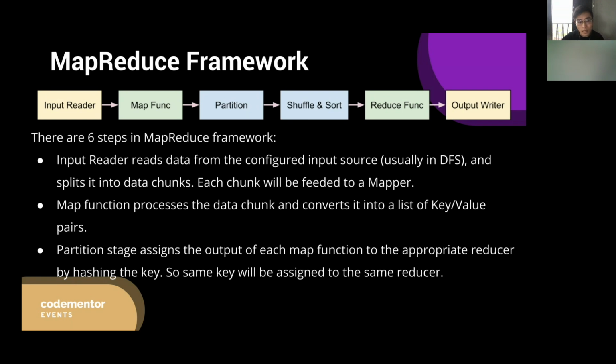Then we go to the partition stage. This stage assigns the output of each map function to the appropriate reducer by hashing the key. So the same key will be assigned to the same reducer. This is very important in the concept of MapReduce Framework.